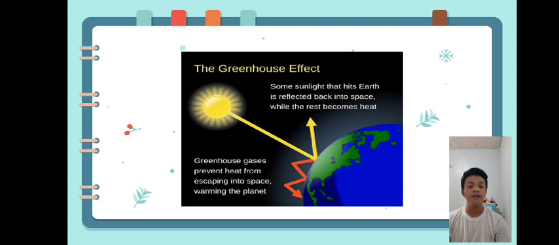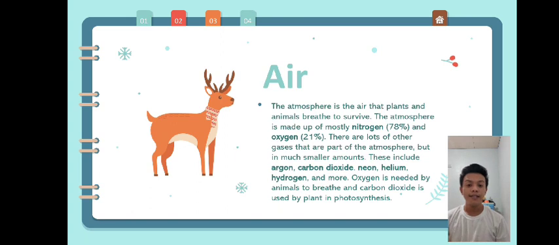So when we say greenhouse effect, it is the tool that protects us from the sunlight, which we call ultraviolet radiation. It helps us keep the planet warm, and it also protects us from this harmful radiation.